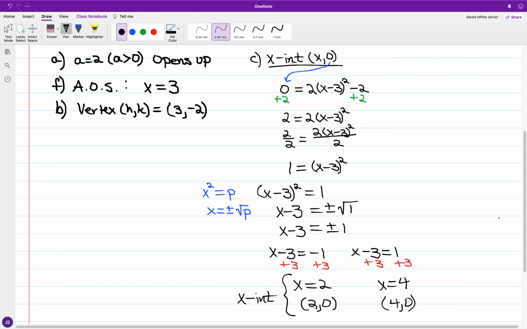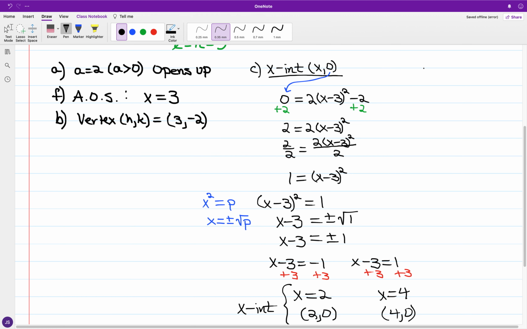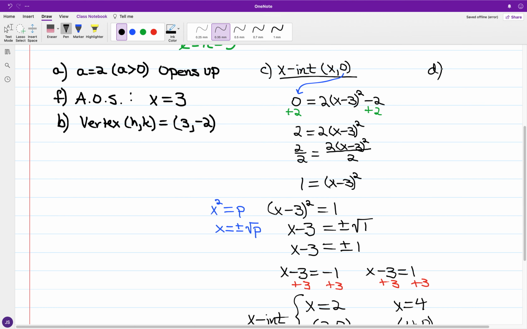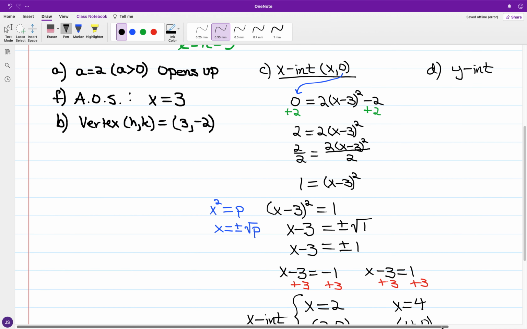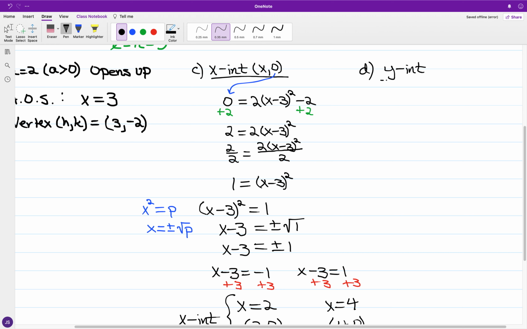And for the y-intercept, we're turning the tables in terms of what to solve for and what to set equal to 0.